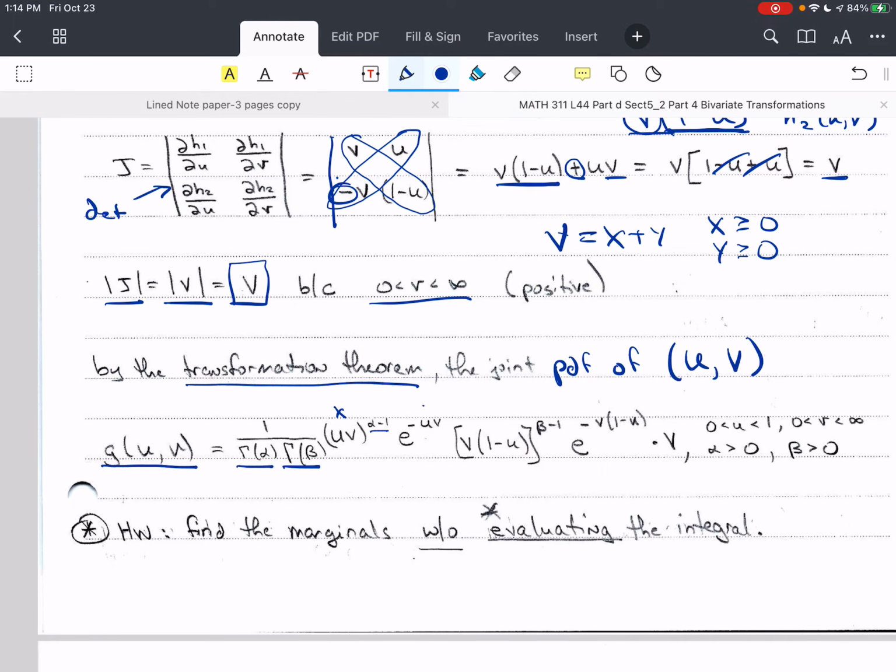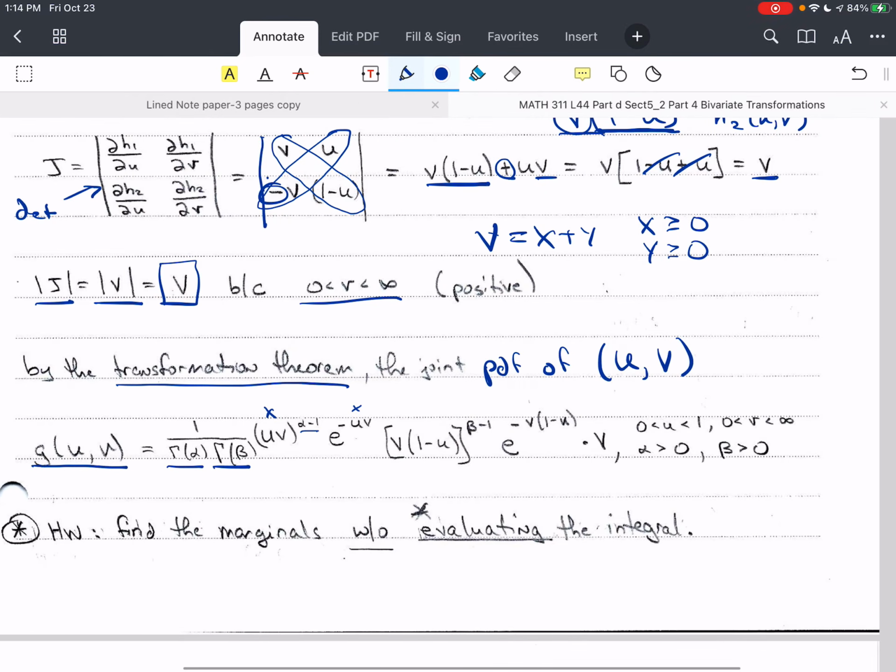And then, again, in place of negative x, I've put negative u times v. And now y, remember, is v times 1 minus u, and that's raised to the beta minus 1. And then e to the negative v times 1 minus u. And don't forget to multiply by your Jacobian.